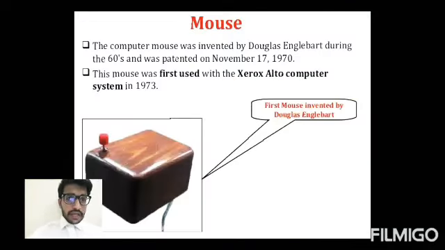The inventor of the mouse: the computer mouse was invented by Douglas Engelbart during the 1960s and patented in November 1970. The mouse was first used with a computer system in 1973. First mouse inventor.